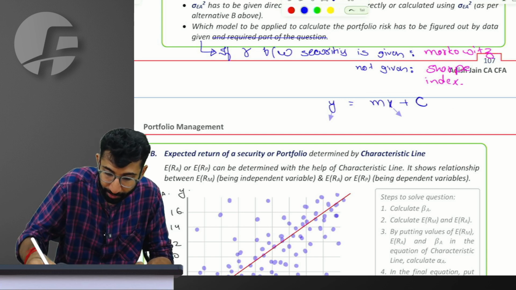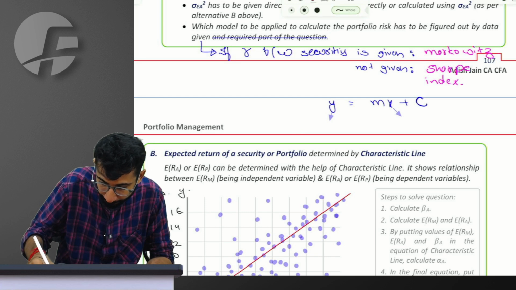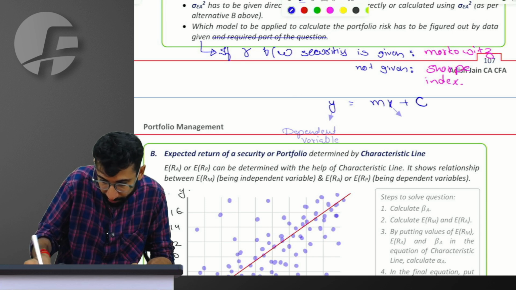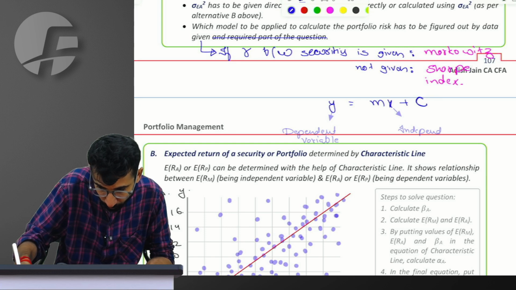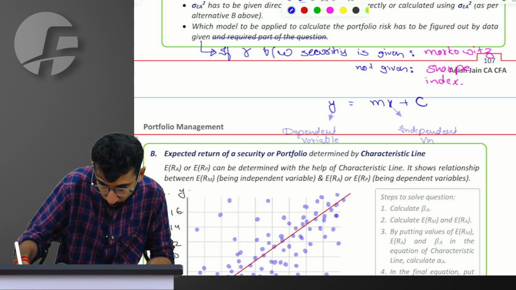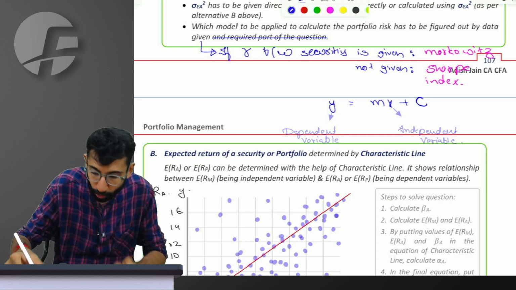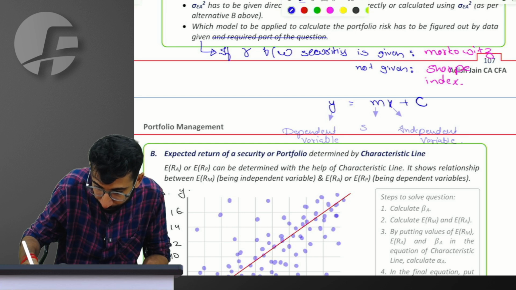Please, this part at least you don't write it down. Now, what used to be m and what used to be c?